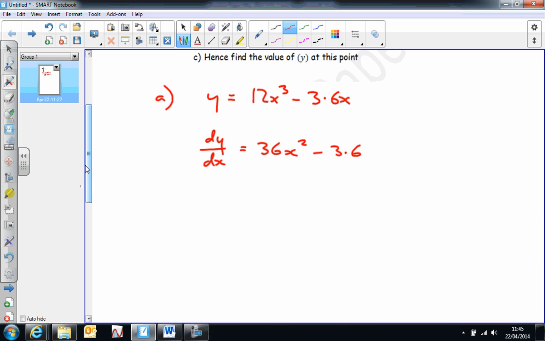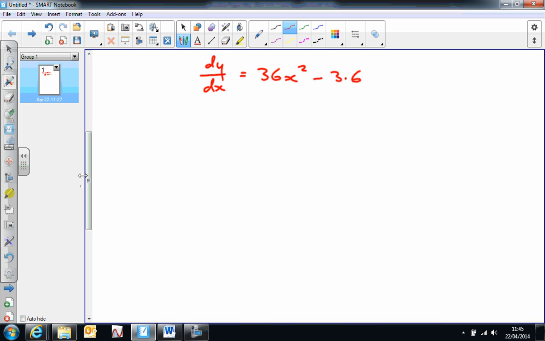Part B asks me to take this differential and find the value of x when the differential is 0. So in other words, I'm trying to solve the equation 36x squared minus 3.6 equals 0. So I've just got to solve this equation. Add 3.6 to both sides. Divide by 36.